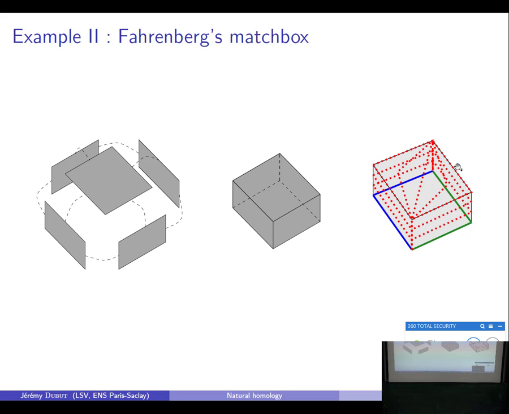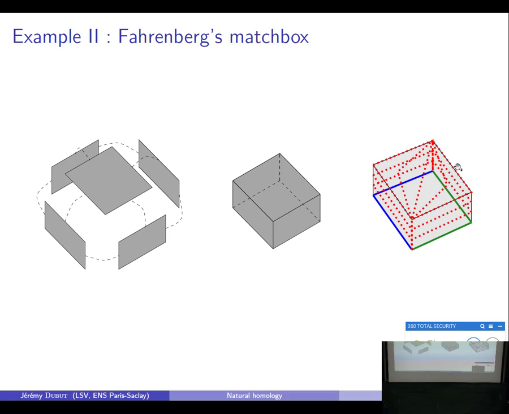But actually, things can go wrong in these spaces. So it's a different example than the one from Lisbeth, but I think it is even worse. I will call it the matchbox. It's just a cube, a hollow cube, in which we have cut the lower face. And the dipaths are paths that can only go from bottom to top and from foreground to background.